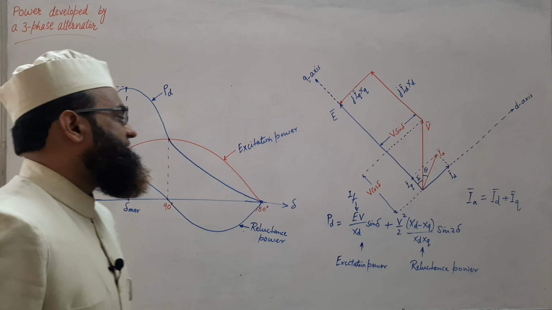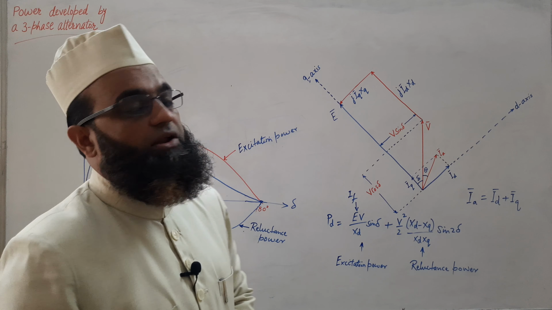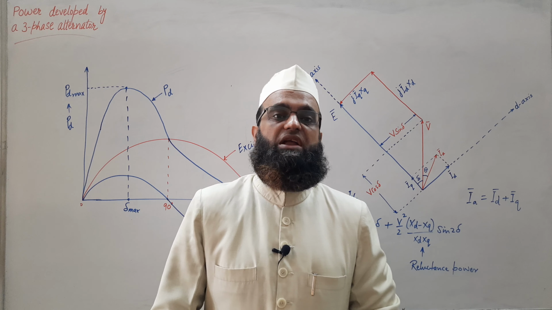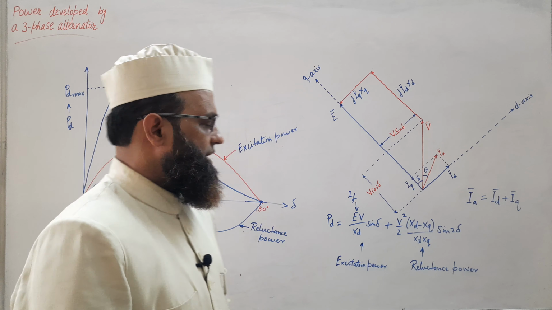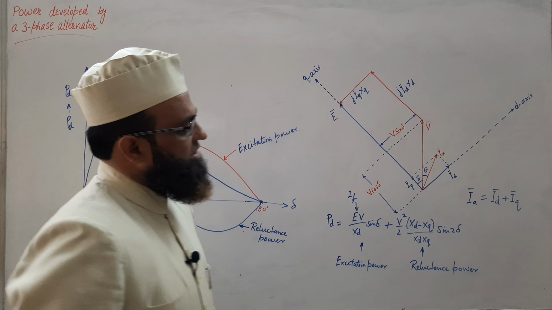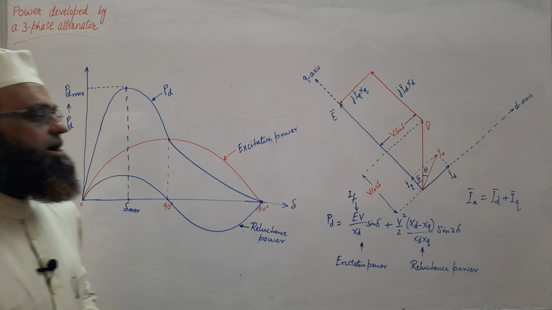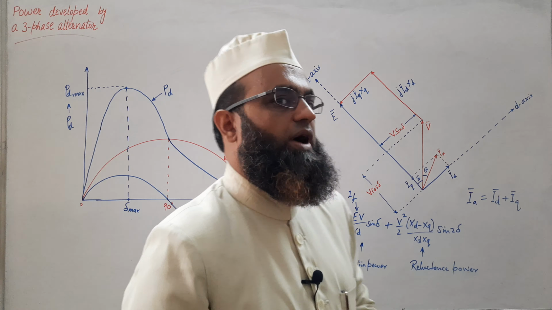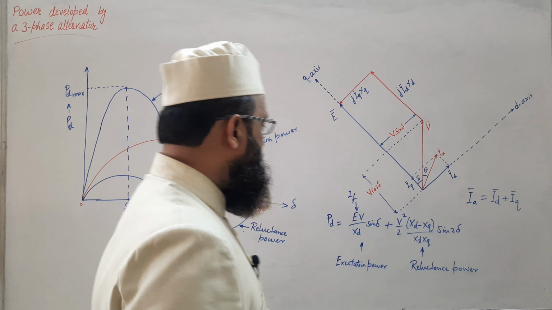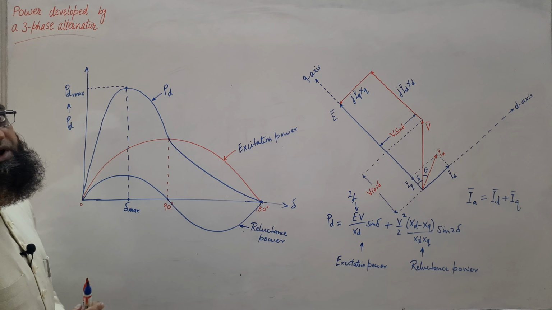Why? Due to a stability reason, which we have already discussed in our stability analysis lectures. If you have not watched, please watch that stability analysis playlist, where we have discussed the various issues with varying delta. So delta generally in a steady state we are not going to vary, it is kept fixed at a particular operating value, and that value is far lesser than 90 degrees due to a stability reason.